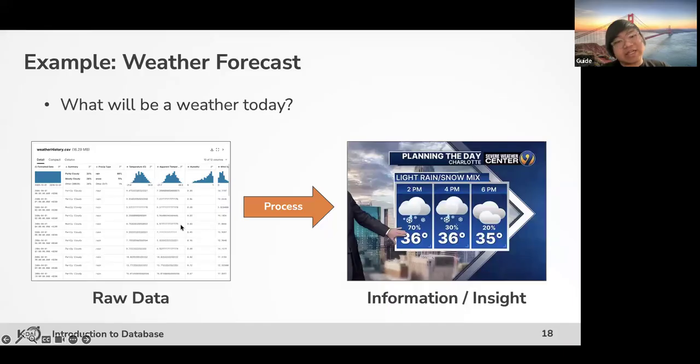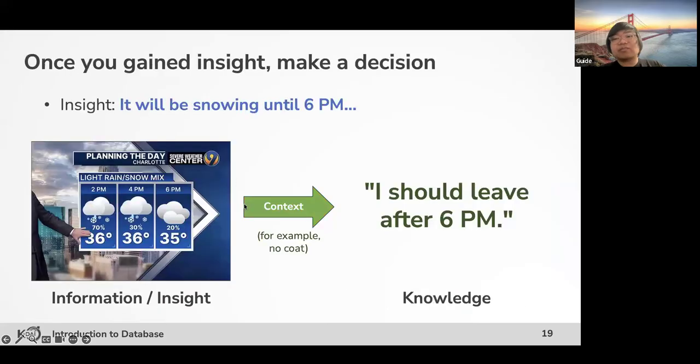So let's say the information and insight that we get is, oh, it's going to be snowing at 2 p.m., snowing at 4 p.m., and it will not be snowing at 6 p.m. Okay, cool. It answered my question. But let's see. Given the insight, I know that it will be snowing until 6 p.m., right?